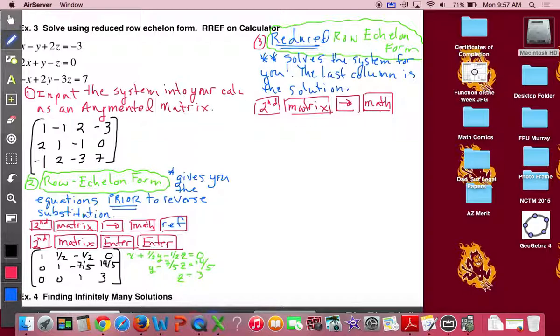And then you are going to be looking for RREF, which is right below REF. And then you'll do second matrix. And then you'll do enter, enter.